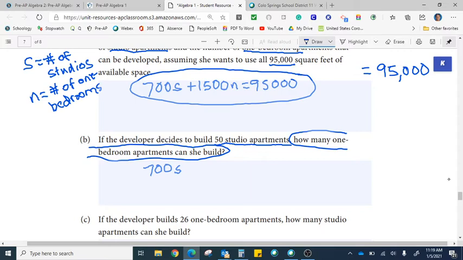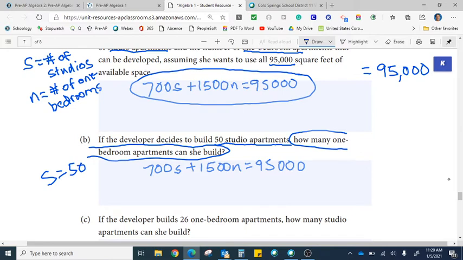Okay, so I can rearrange this. I'll rewrite it. I'm going to keep the two variables that I have in there, and then at the end I'm just going to plug in the number of studios, because S equals 50.